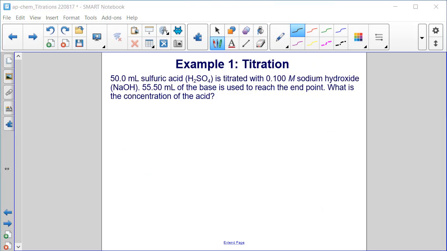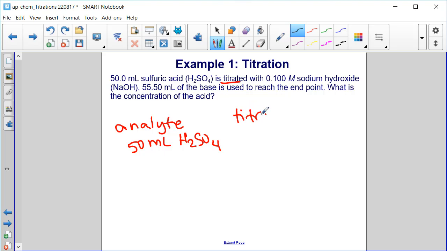50 milliliters of sulfuric acid is titrated. That means it's the analyte. So the analyte is 50 milliliters of H2SO4, titrated with, so our titrant, 0.100 molar sodium hydroxide. 55.50 milliliters of the base is used to reach the end point.